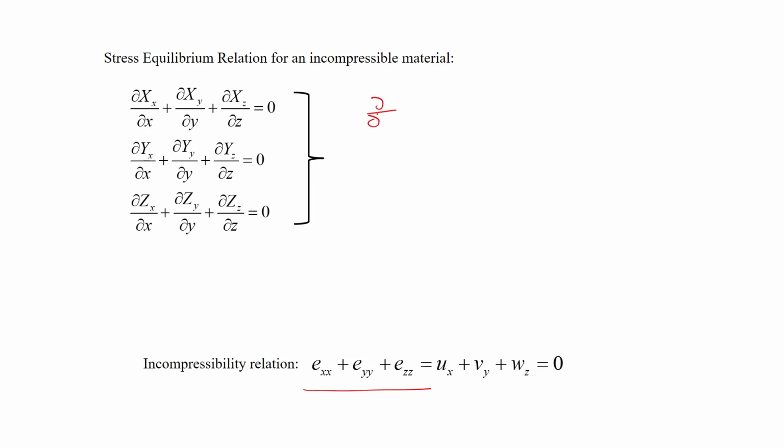So, del by del x of minus P plus 2 mu, and now instead of E xx I write directly del u by del x, plus del by del y of sigma xy.